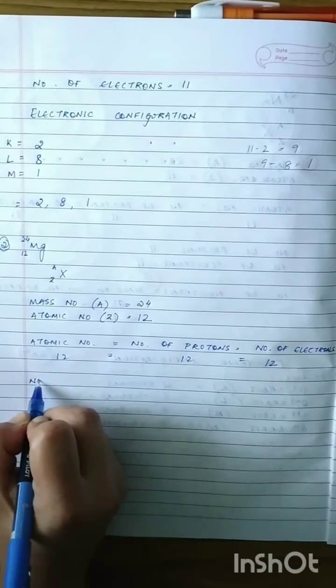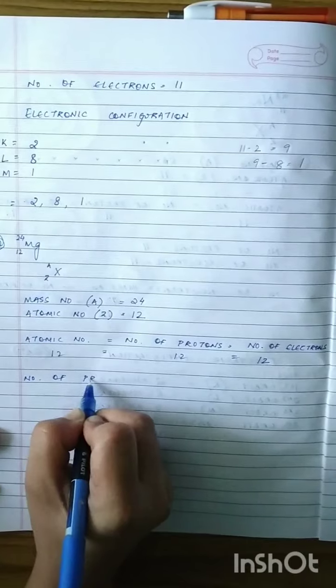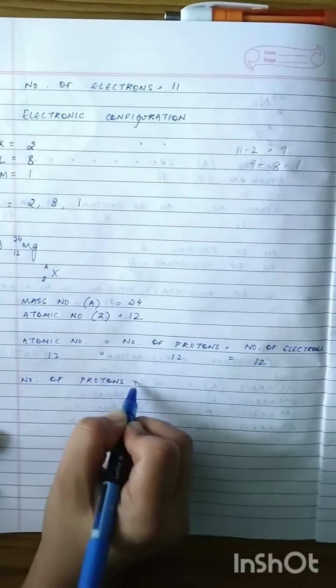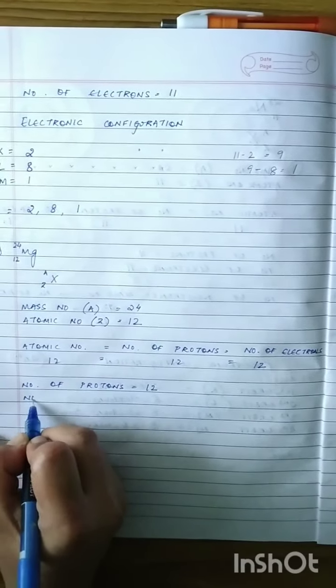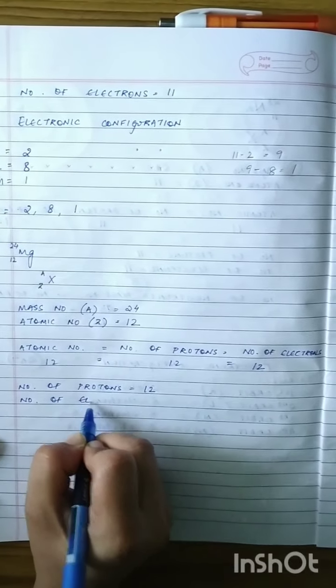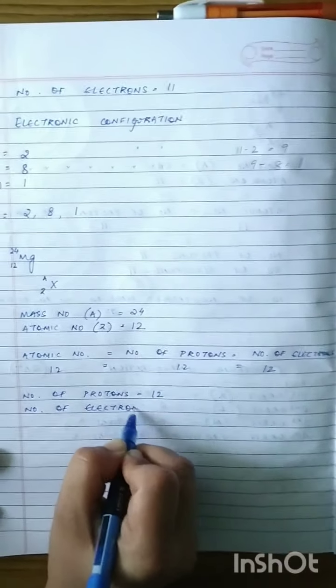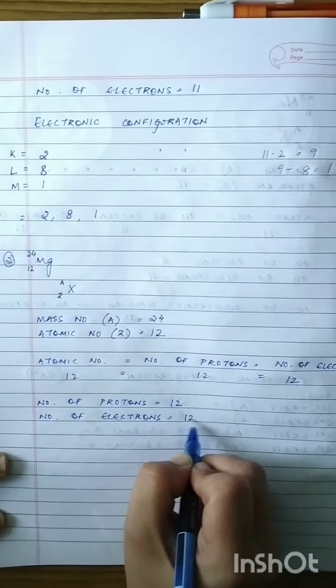That means number of protons equals 12. Number of electrons is also equal to 12.